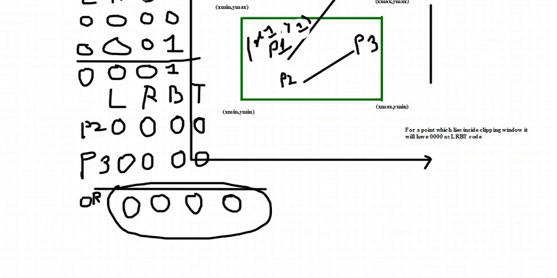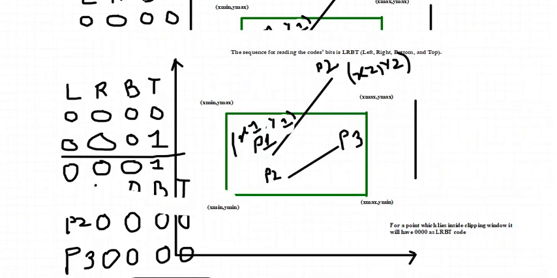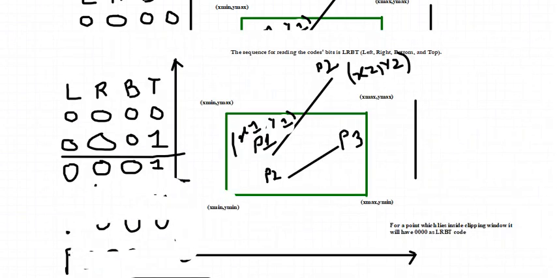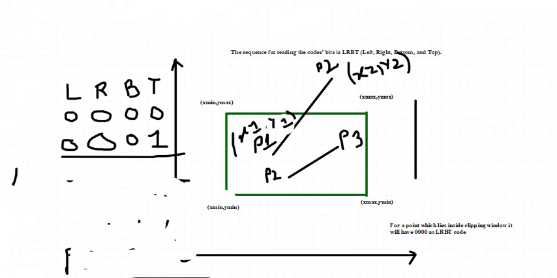Now let me investigate this case. You have to perform bitwise AND for both the LRBT codes. Now if you look at the line P1 and P2, it is partially inside, and here you have the LRBT code for point P1 and here you have the LRBT code for point P2.